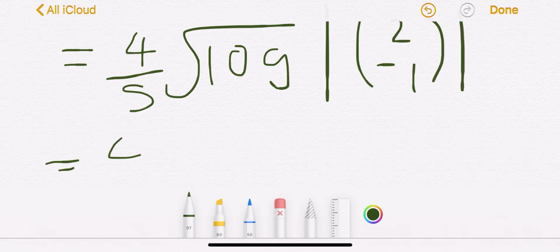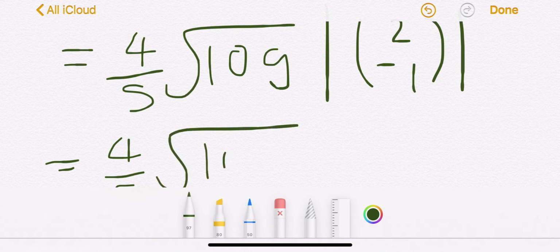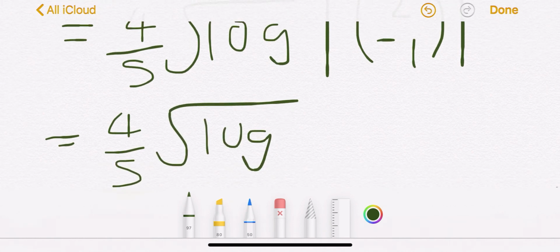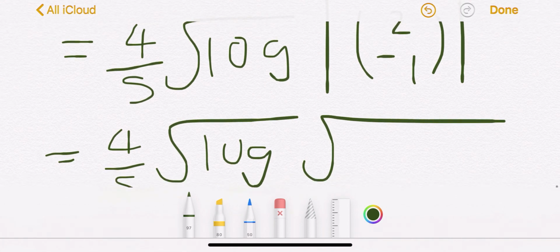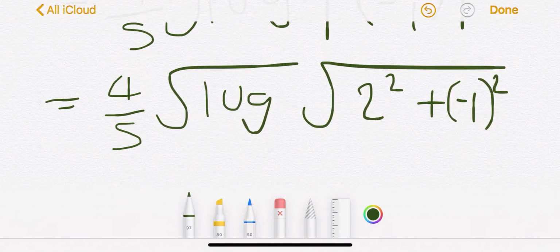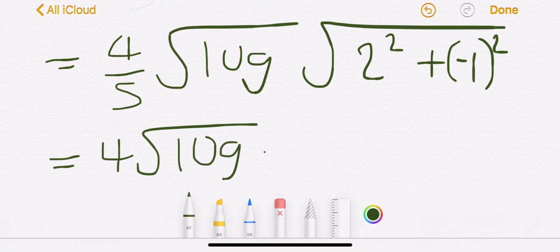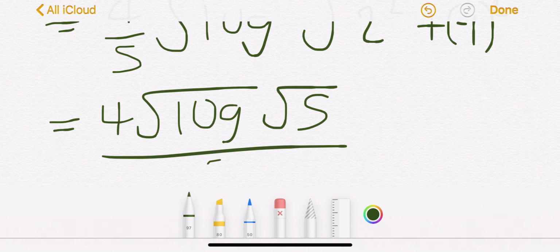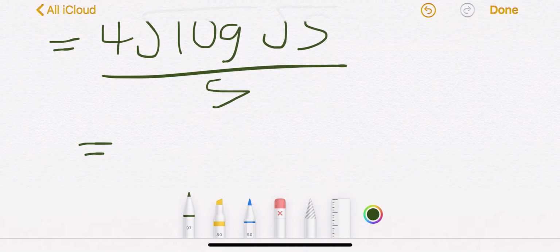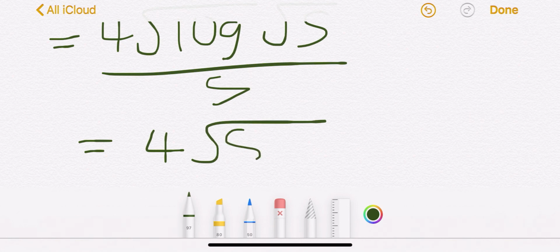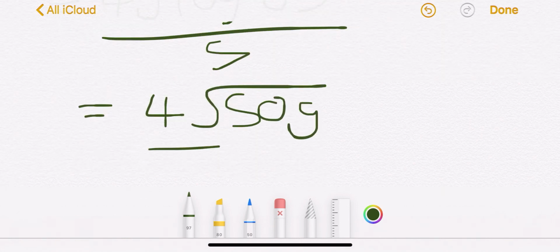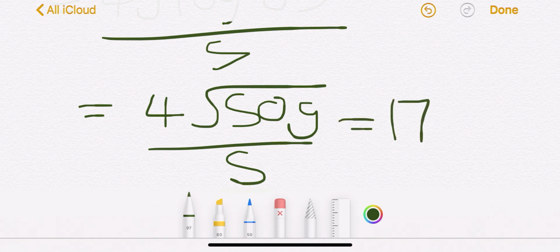Well, that is 4/5 of root 10g multiplied by the square root of 2 squared plus negative 1 squared, which is root 5. So we end up getting 4 root 10g root 5 all over 5, which is 4 root 50g all over 5. And putting that into your calculator, you get 17.7 meters per second.